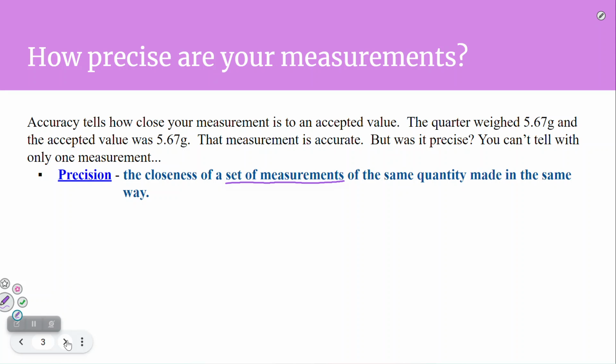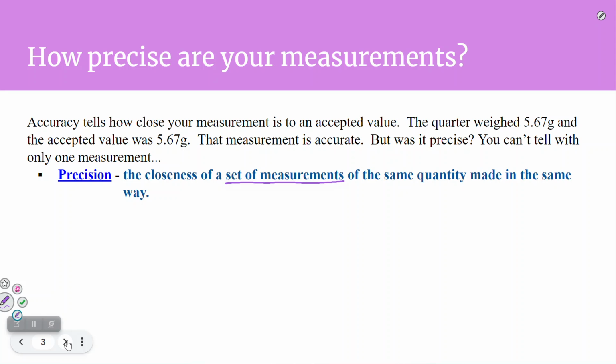Obviously, if we put that quarter onto the same scale 3 times, we should end up with the same measurement showing on the scale screen. But what if we use 3 different scales to measure that same quarter's mass?